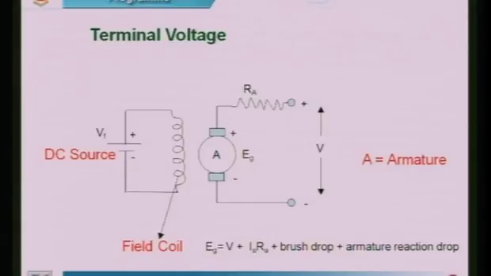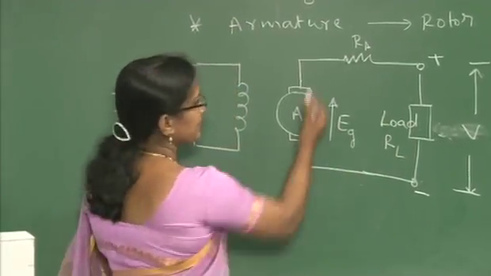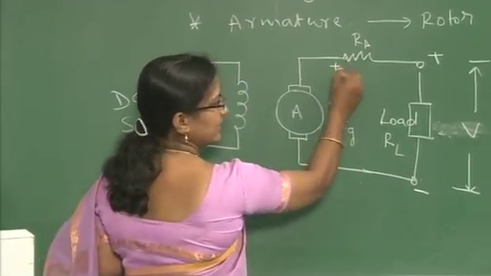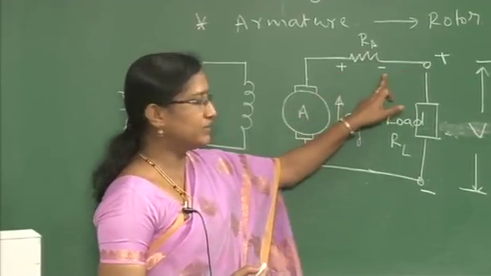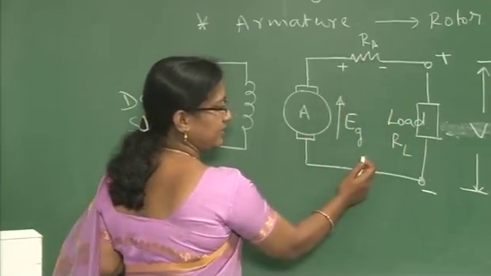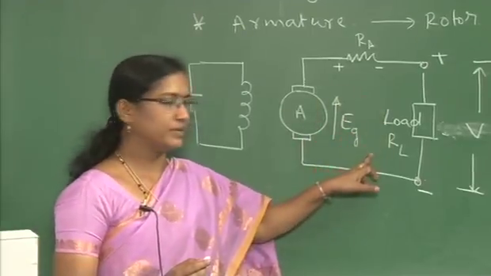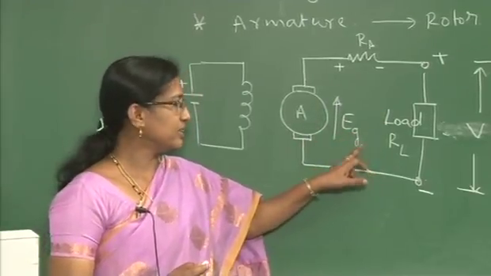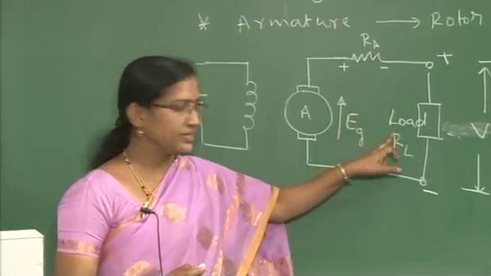When we apply Kirchhoff's voltage law to this loop, when the load is connected, now this loop is closed. Now we know that always in a passive element, the current will enter at the upper potential and leave at the lower potential. When applying KVL, the sum of the voltages in the particular loop is equal to 0, meaning the sum of the voltage rises is equal to the sum of the voltage drops.